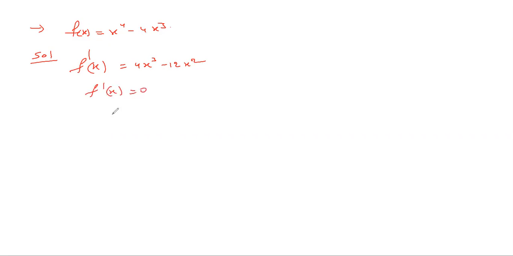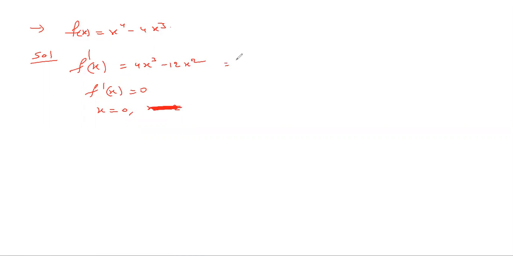Next problem. F of x equals x power 4 minus 4x cube. Analyze local maxima and local minima. Let us solve this problem. F dash of x is 4x cube minus 12x square. Make f dash of x 0, then what will you get? x equal to 0, x equal to 3.